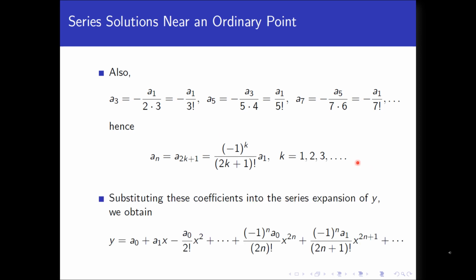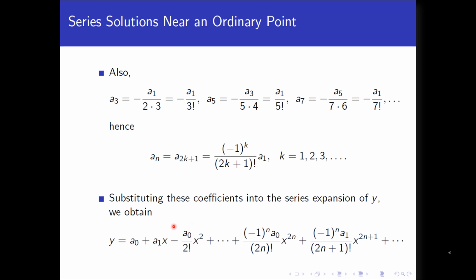After finding out the even indices and odd indices, we are ready to substitute these coefficients into the series expansion of y, which is a0 plus a1 times x plus a2 times x squared. But since a2 is equal to minus a0 over 2 factorial, we substitute it over here.